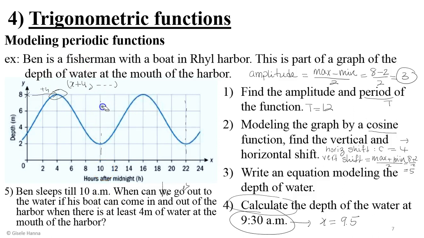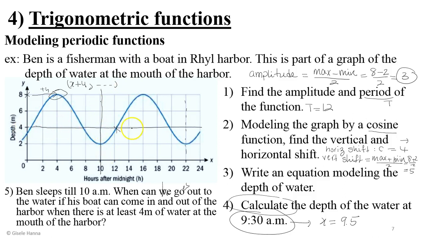Since Ben sleeps till 10 a.m., we do not look at any of the times before 10 a.m., because 10 a.m. is when his day starts. Since they said at least 4 meters of water, we need to determine the time after 10 a.m. when the curve is at least at 4 meters, or the point where you have an ordinate of 4.